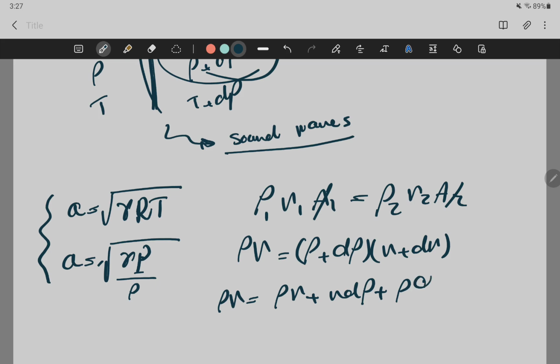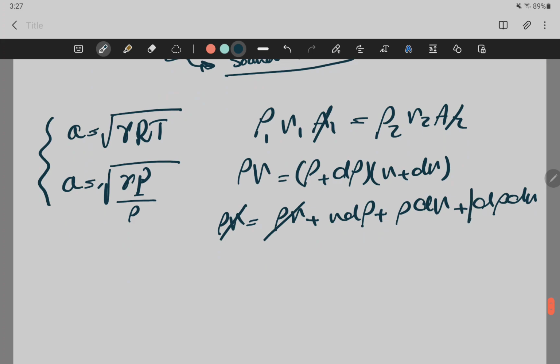Keep in mind these V's are referring to velocities, d rho dV. These two cancel each other out, and we can neglect this one. We can take this one out as well.